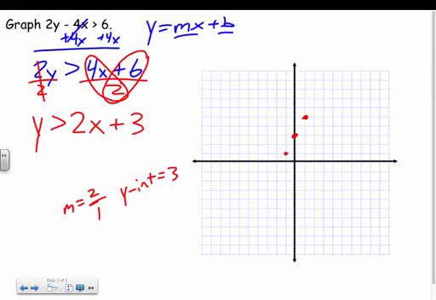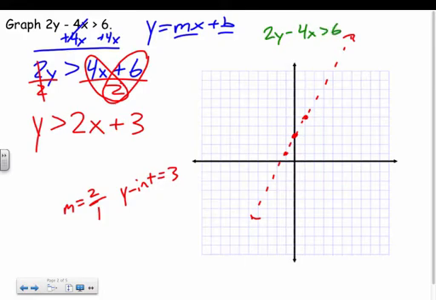Before I graph my line, I can figure out if it's going to be a solid line or a dashed line. And I'll tell you why it has to be one or the other: because none of the points on the line work. Let me graph my line here first. My original inequality was 2y minus 4x is greater than 6.